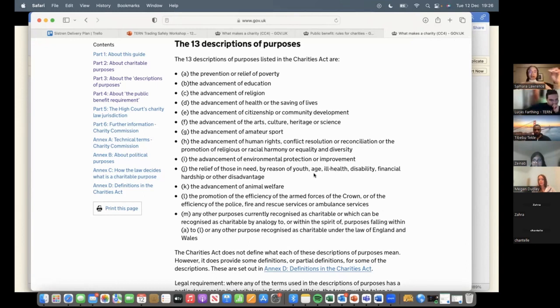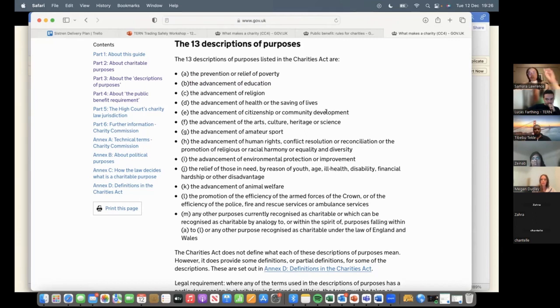What I would say is that the more you pick from this list, the more you have to explain in the charity application. If you think one might apply but you're not sure, or you don't know how you'd explain it, be careful. For example, if you say advancement of education is your charitable purpose, the application will ask you how you're delivering that education, who is delivering it, and what safeguarding you have in place.